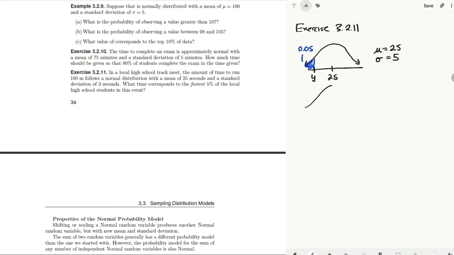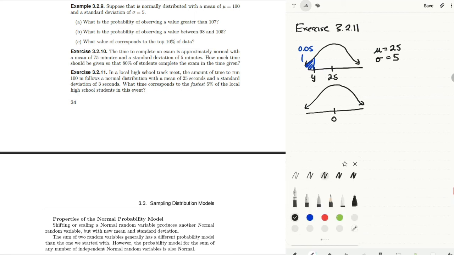And so if we work with the standard normal curve that has a mean of 0 and standard deviation of 1, we can look for the z-score, which corresponds to an area of 0.05 to the left of z star, and then we can work backwards to determine the time y.